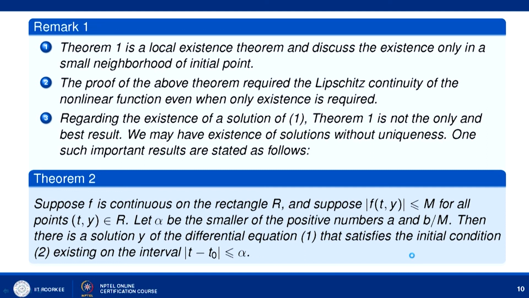We may have existence of a solution without uniqueness, and one such important result we can state as follows. Suppose f is continuous on the rectangle R, and suppose f(t, y) is bounded by a constant M for all points (t, y) in R, and let alpha be the smaller of the positive numbers a and b by M. Then there is a solution y of the differential equation 1 that satisfies the initial condition 2, existing on the interval modulus of t minus t naught less than or equal to alpha.